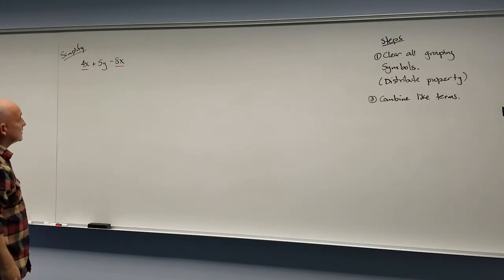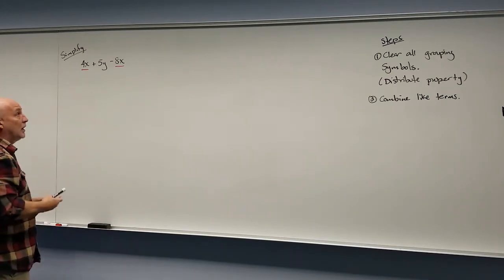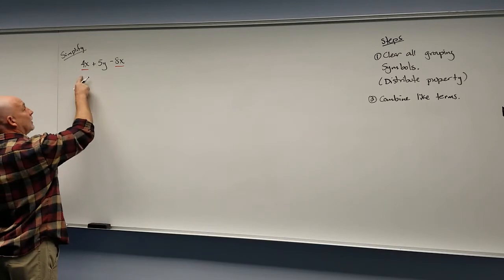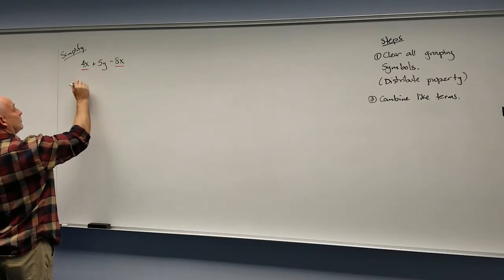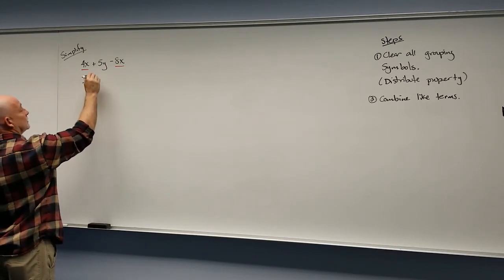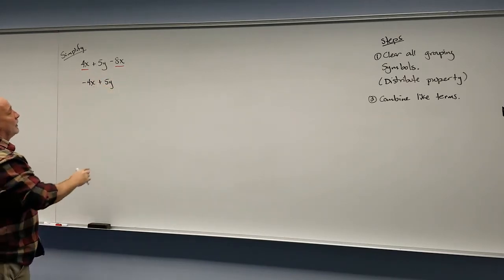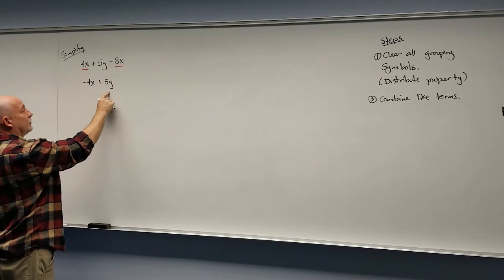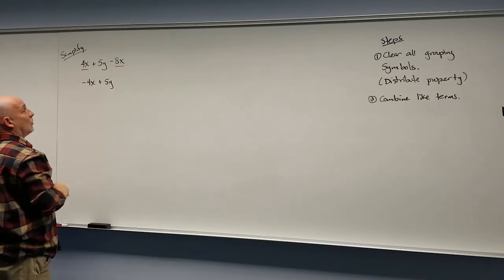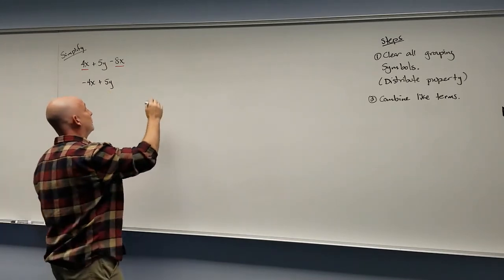So since those are the same things, I should be able to combine them. Here I have 4x's, I take away 8x's, which means I have negative 4x's, and then we still have 5y's. All right, now these two we cannot combine because they're different. These guys are x's, these are y's. Let's try a couple more.